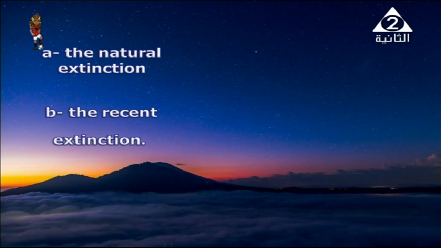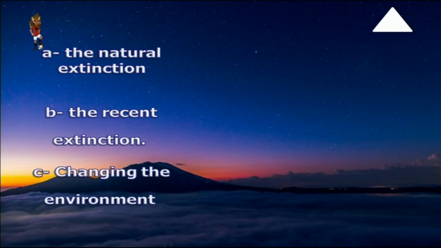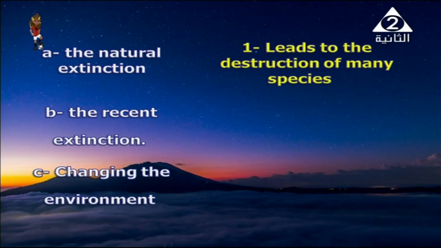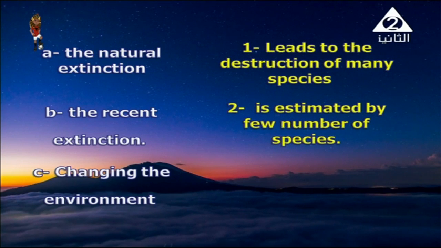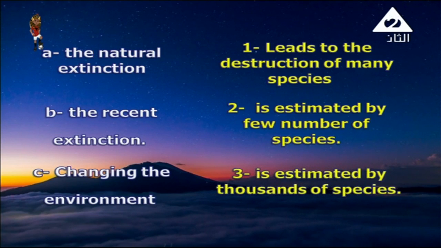Now we have a matching question. We have two rows. The first row here is some phenomena like natural extinction, recent extinction, changing the environment. And we have some results here like leads to destruction of many species, is estimated by few number of species, is estimated by thousands of species.